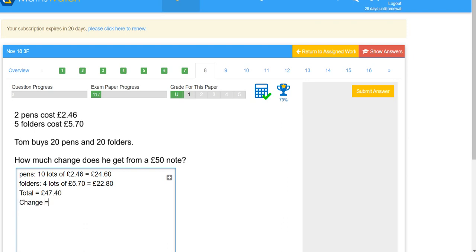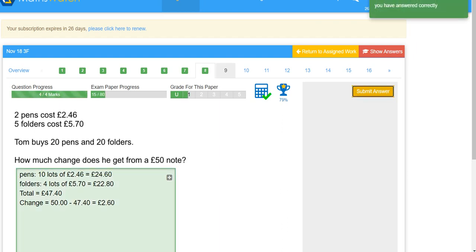It's going to be £50 take away £47.40. And notice here that I'm very deliberately showing my working out. So I want to get those working out marks. So here we go. And that's going to be £2.60 if I haven't made a mistake. I haven't. So there we go.